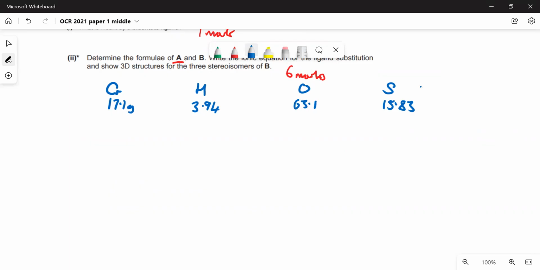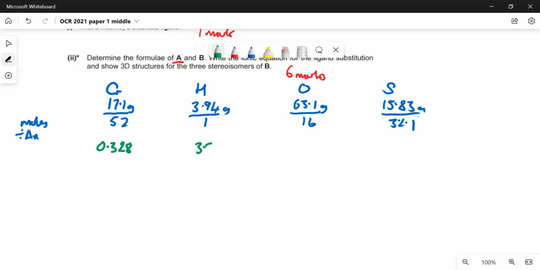So 17.1 grams in 100 grams, and so on. We've got to divide by the Ars: chromium by 52, hydrogen by 1, oxygen by 16, and sulfur 32.1. We then end up with 0.328, 3.94, 3.94, and 0.493.